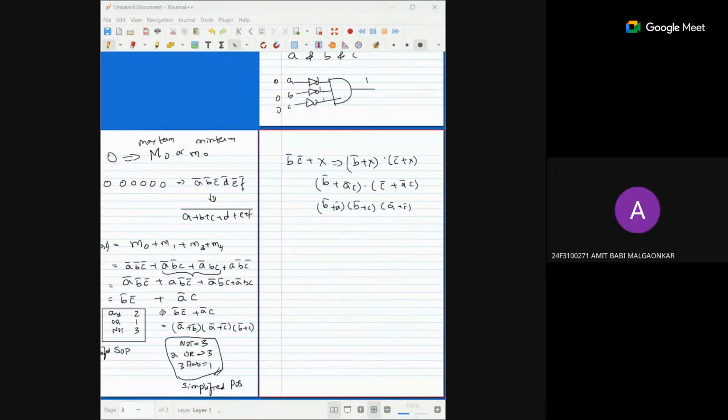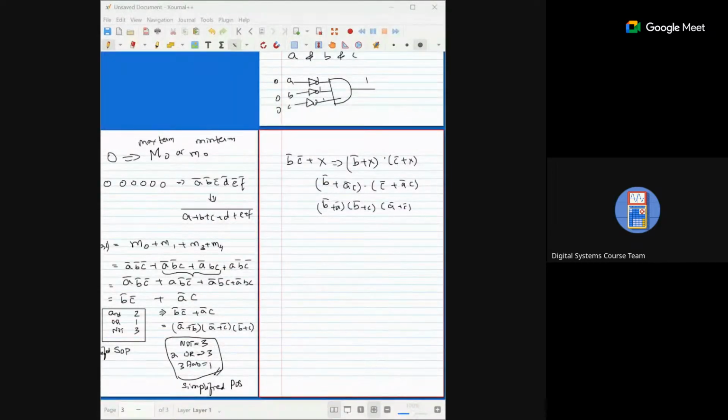Sir, A bar, B bar, C bar and A, B bar, C bar are adjacent. And that is also adjacent to A bar, B bar, C because only one bit is changed. Okay, so M0, M2, M5, which are adjacent? Which are not adjacent?